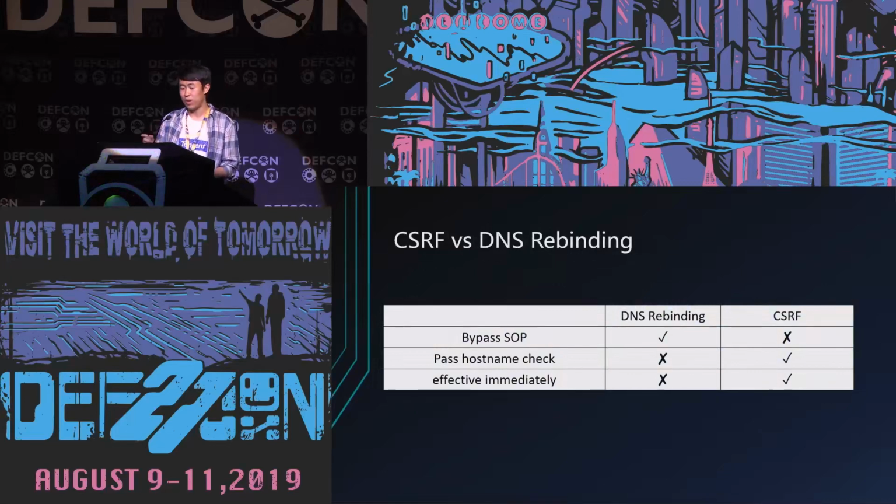Another attack method is CSRF, and there are some differences between CSRF and DNS rebinding. We can use DNS rebinding to bypass SOP, but if there is a hostname check, it will fail. And if the client cannot wait a few seconds, it may not work.